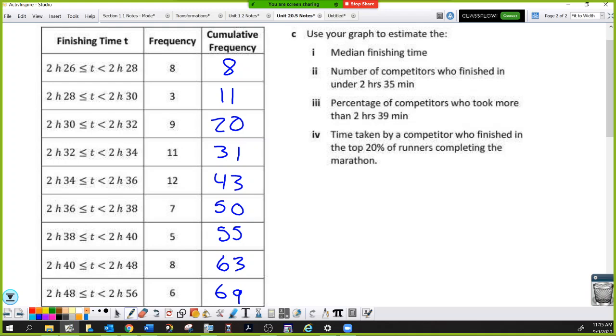Part B is to construct a cumulative frequency graph, and that is down below. Unfortunately, I can't see this table of data and the graph at the same time on my screen. So rather than scroll up and down, I'm going to use the one that's in my hands. What we're doing is basically plotting points that we just generated.